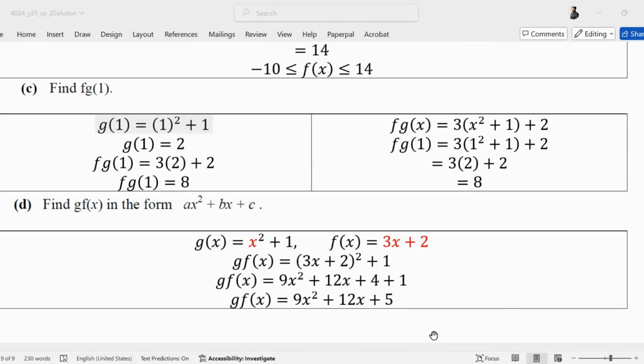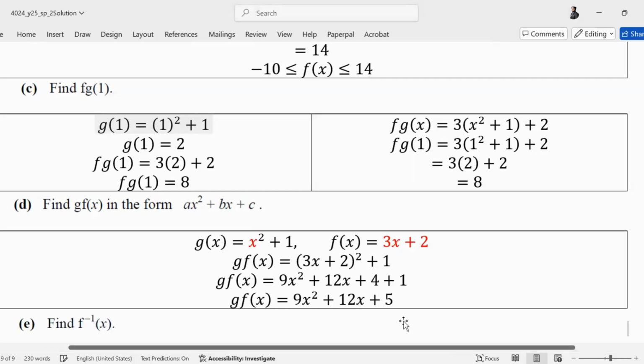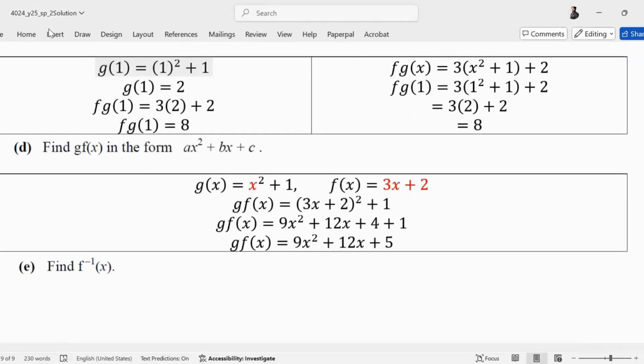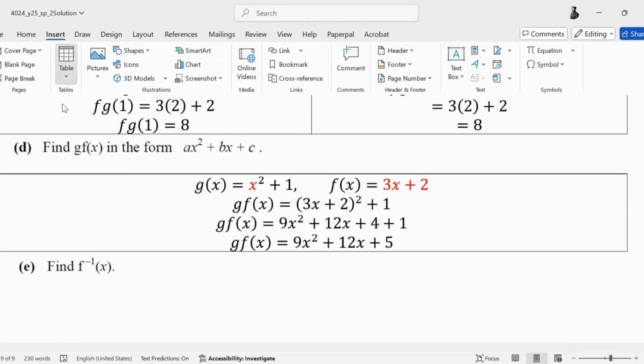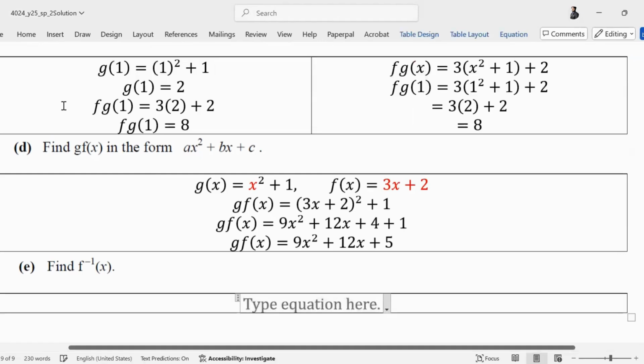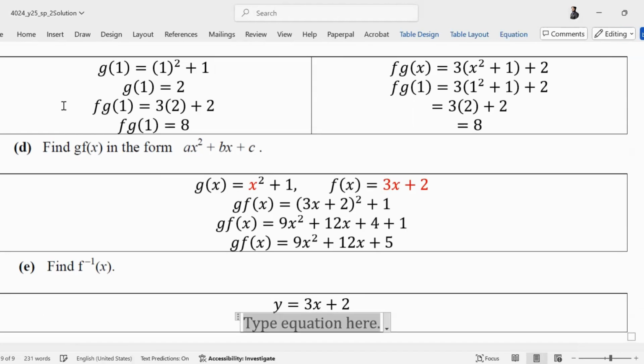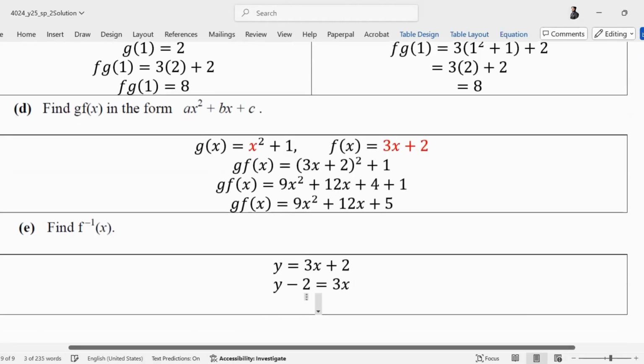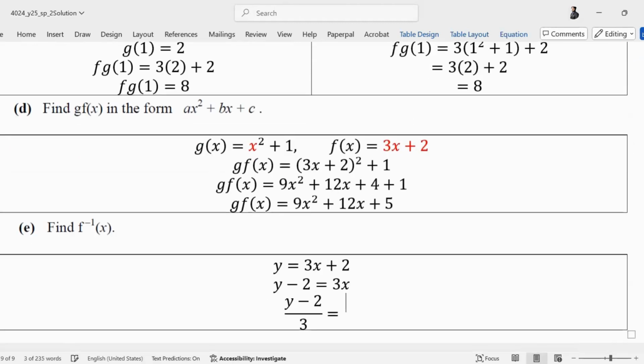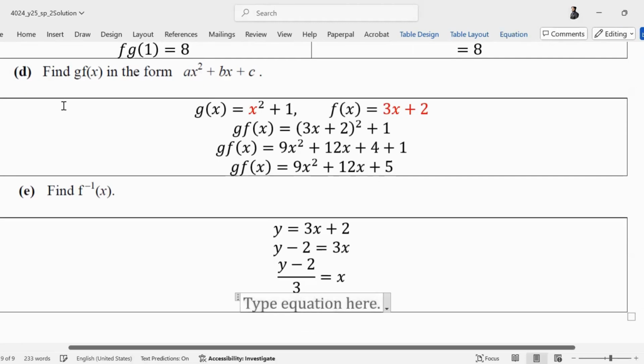Now we move on to the last part, which is f inverse of x. So y is equal to 3x plus 2. x is my input, y is my output. I want it to be the other way around. y minus 2 is 3x. I'll make x the subject, and now y can be my input.